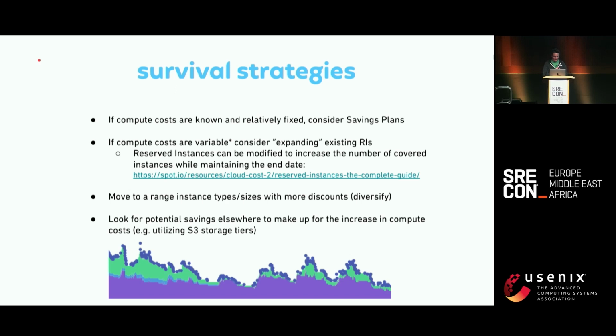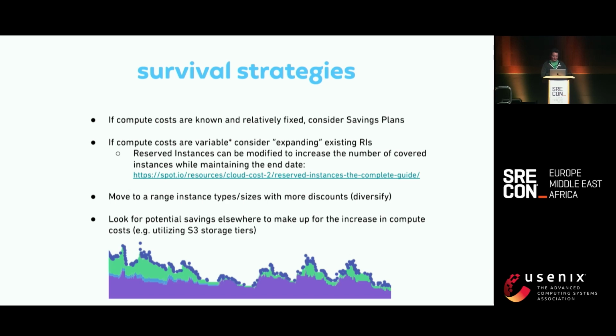So just to wrap up, some possible survival strategies. These are just my recommendations based on experience. If compute costs are known and relatively fixed, you should definitely be using savings plans as that base load. If compute costs are variable, like this graph down here, which is one of our compute clusters, you should probably be using convertible instances, especially if you want to upgrade to the latest generation at a later time.